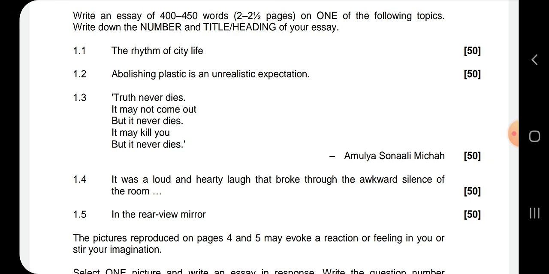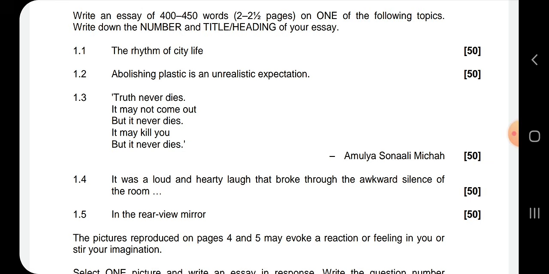You can also reflect on your experience of the rhythm of city life, or a discursive essay where you discuss the rhythm of city life. So you can do different types of essays with any topic that you are given. So that is entirely your choice how you decide to do your essay.